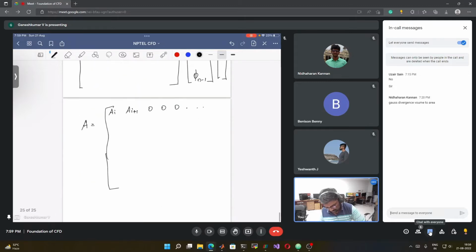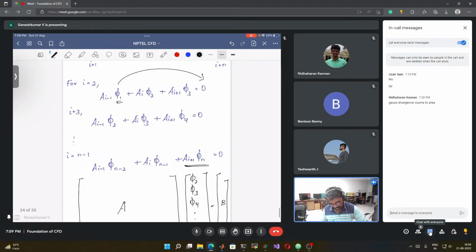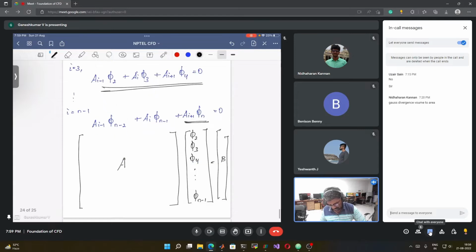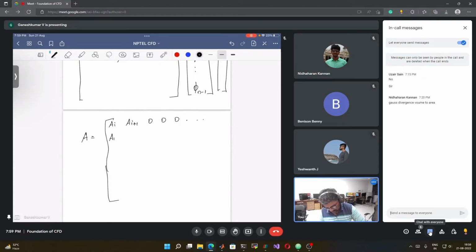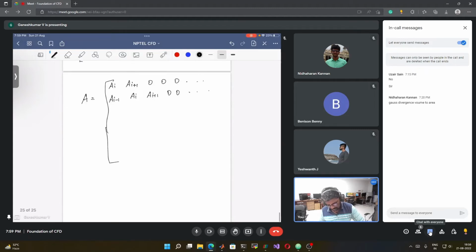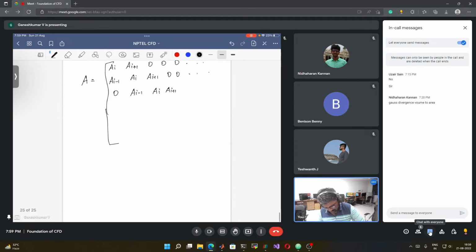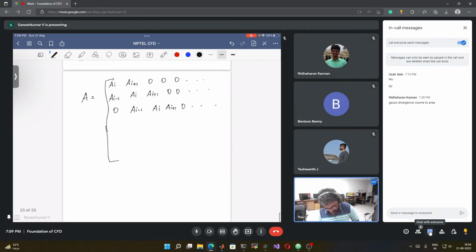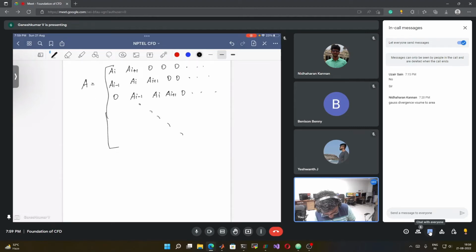Similarly, for the third, this equation will take this form. If we keep on writing like this, there will be these three, right?